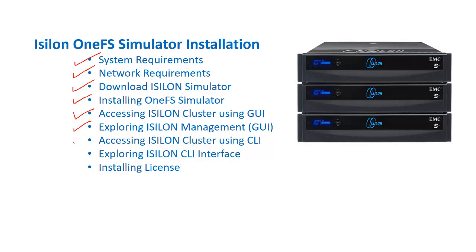And then the same way how we can access the ISILON cluster through CLI, and what the ISILON CLI is. And next we'll explore the different commands, and how to get help through CLI. These things we will see as part of exploring the ISILON CLI interface. And then how to install the licenses. Even though it is a simulator, we still need the licenses to function the given services.